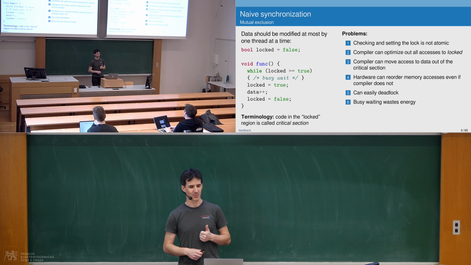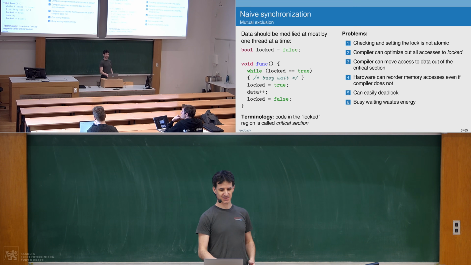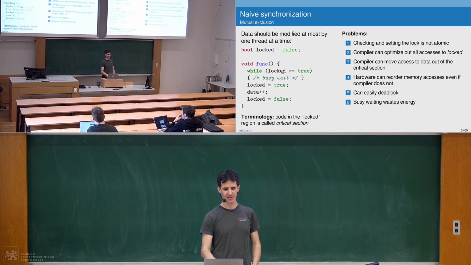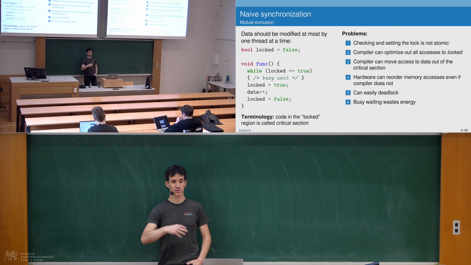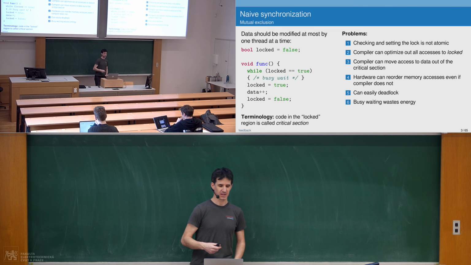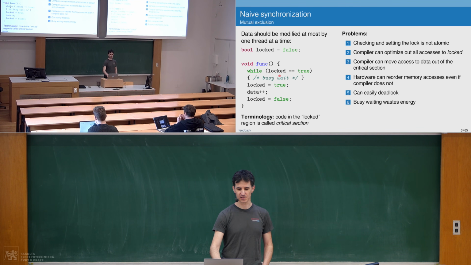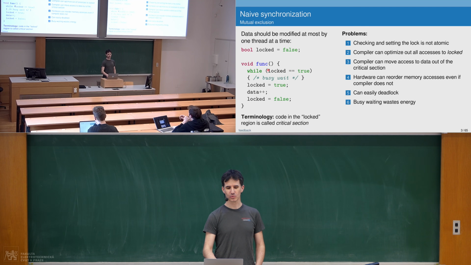Another problem is that here we check for some condition and then modify the condition variable, and this check and modification is not atomic. So if there are multiple threads running this function, it can happen that two threads at the same time check that this condition is false.